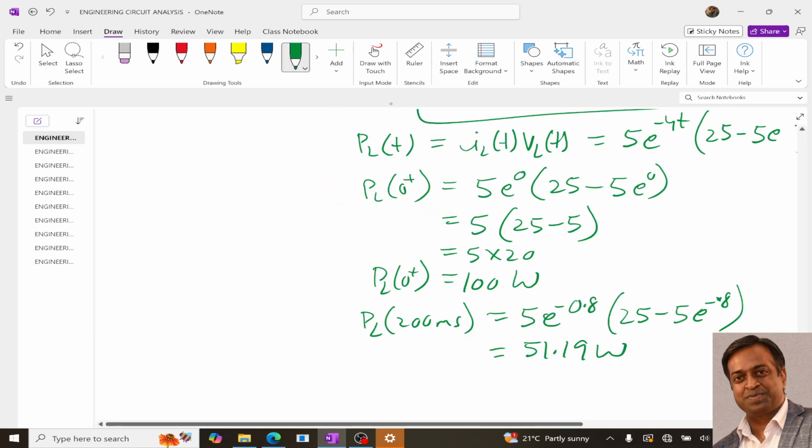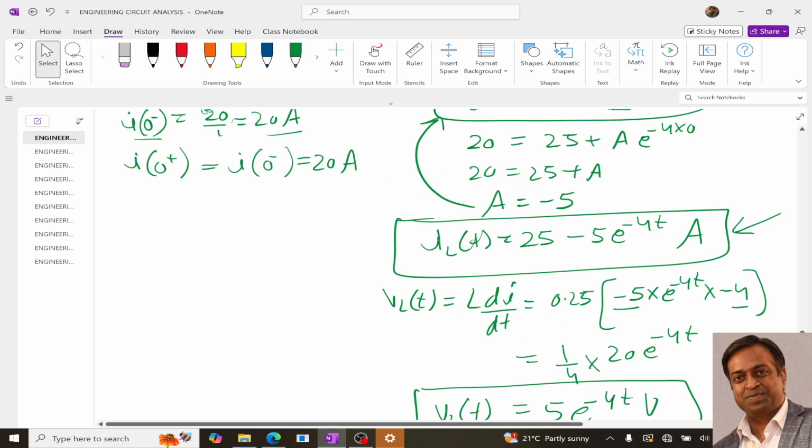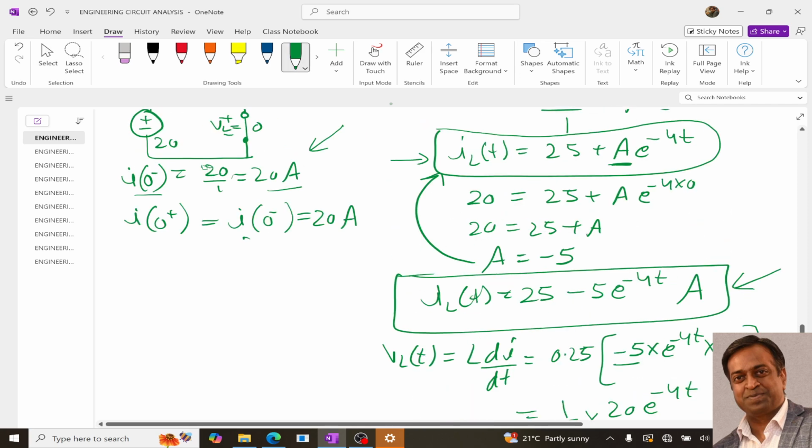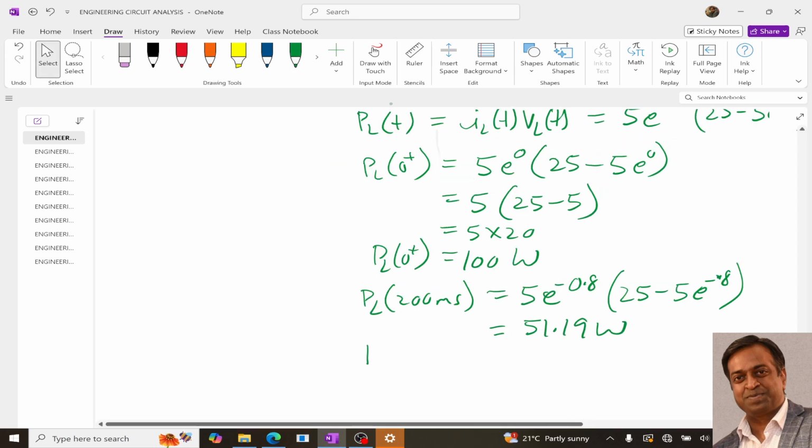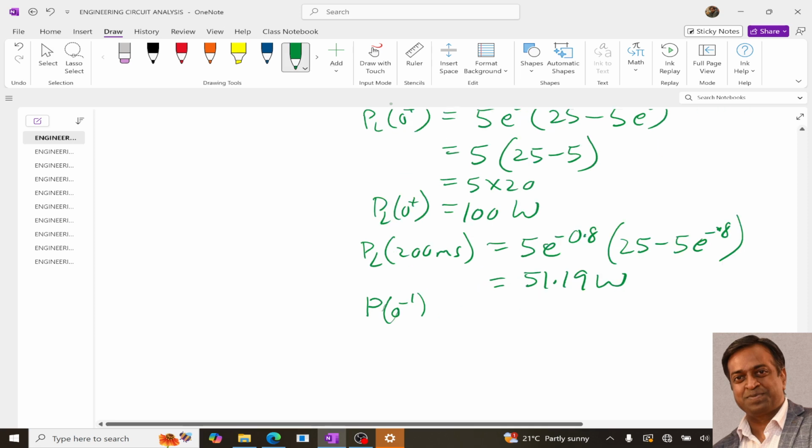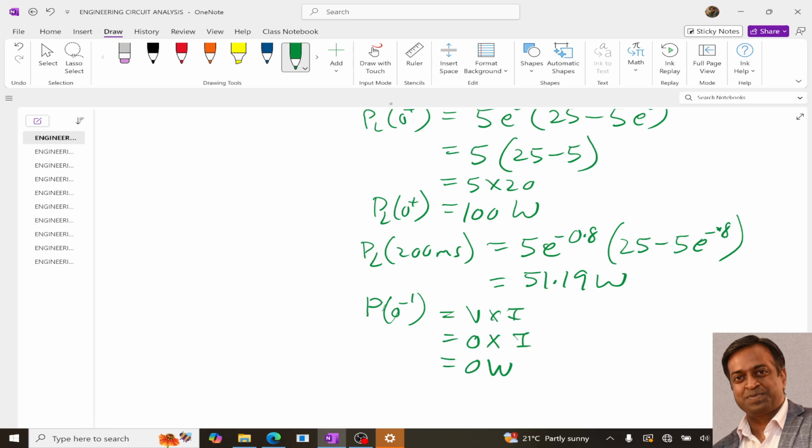For 0 minus, we know that the current at 0 minus is 20 ampere, but our v_L is 0. Since v_L is 0 at 0 minus, V into I is 0 into current, so we get 0 watt at 0 minus.